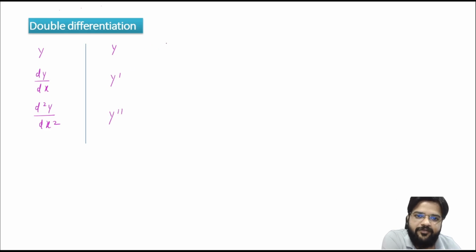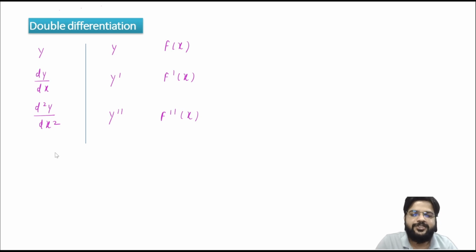If we have a function f(x) and want to write its first derivative in Lagrange notation, it is f prime of x. How do we read this, everyone? F prime of x. And the double differentiation of f(x) is f double prime of x. So like this we can represent double differentiation. Note down, everyone.